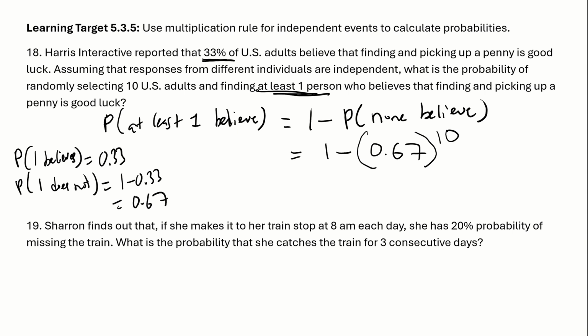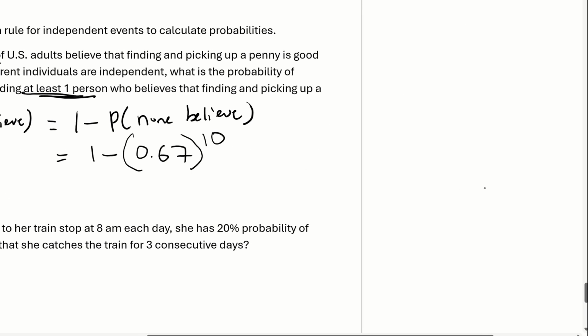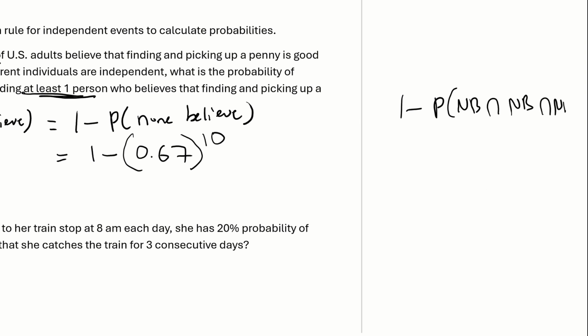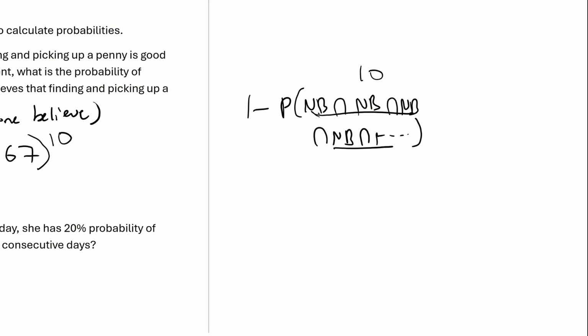Okay, so again, we have to say, okay, 1 minus the probability that they don't believe, and the second person doesn't believe, and the third person doesn't believe, and the fourth person doesn't believe, so on and so forth, that none of the 10 people believe, right? But remember, if you have "and", probabilities multiply. Okay, you have to multiply the probabilities.